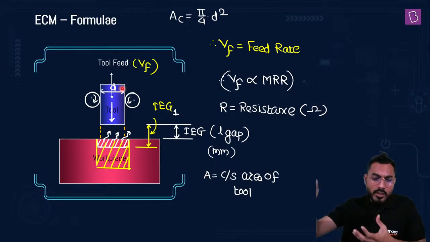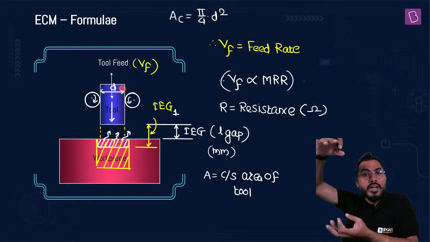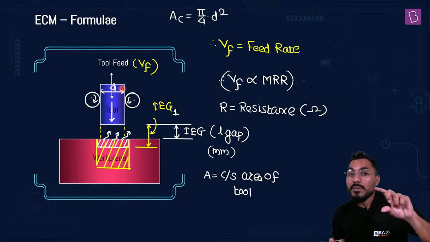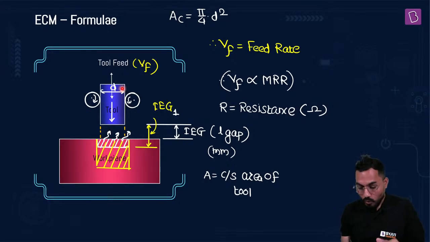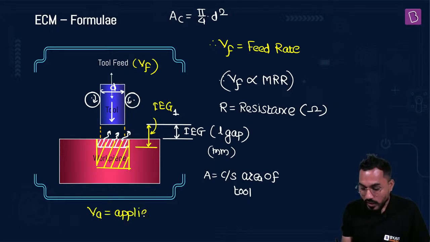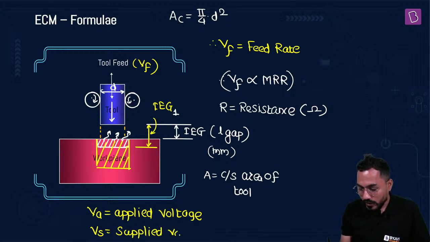Now whenever the electrodes and electrolyte are connected to a power supply, there must be a certain potential applied. Whatever potential is applied is called VA, which stands for applied voltage, or applied potential. It can also be called VS, the supplied voltage. Any statement can come in the GATE examination.